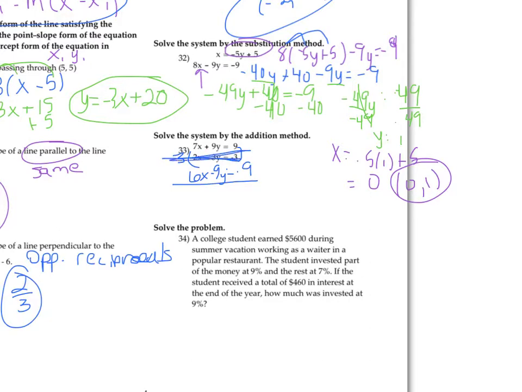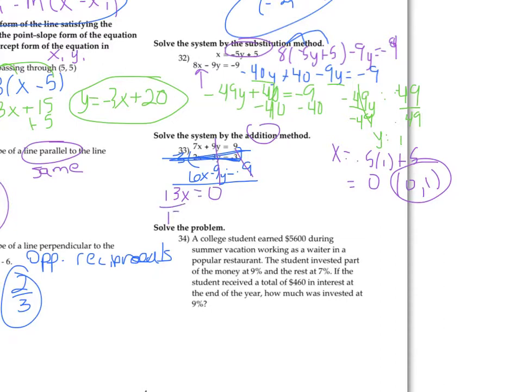Once we do that, we get rid of that second equation and we add the equations together. That's why it's called the addition method. 7x plus 6x is 13x. The y's cancel, that's what we were going for. 9 minus 9 is 0.